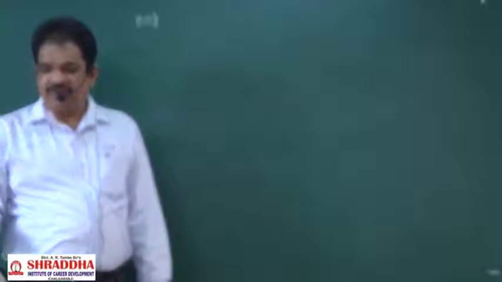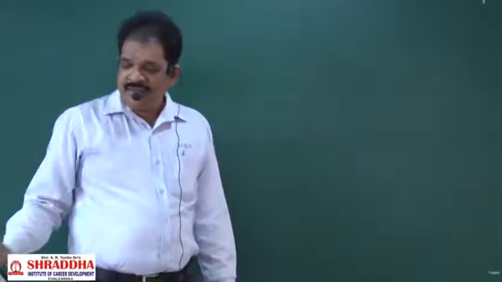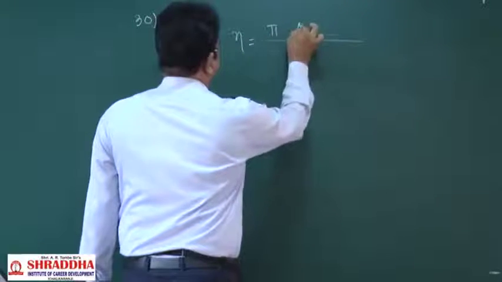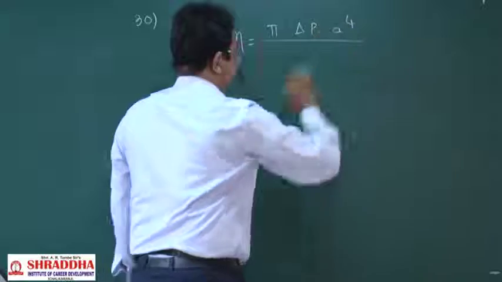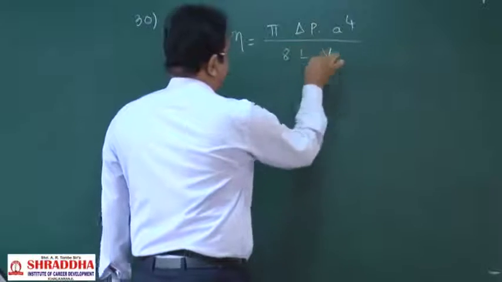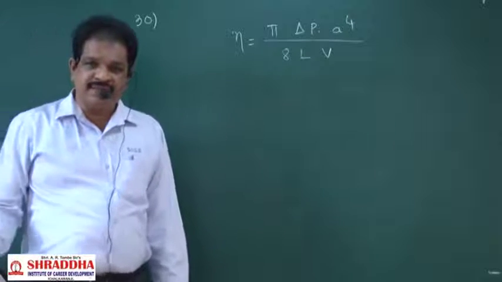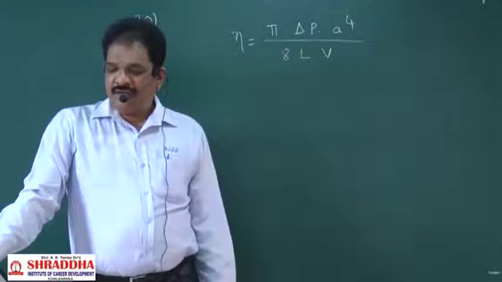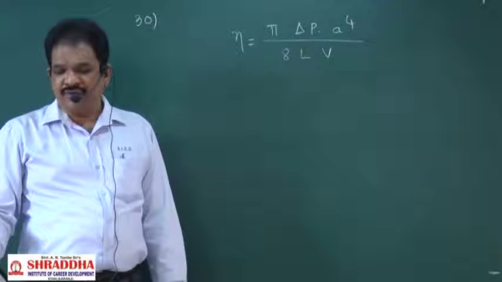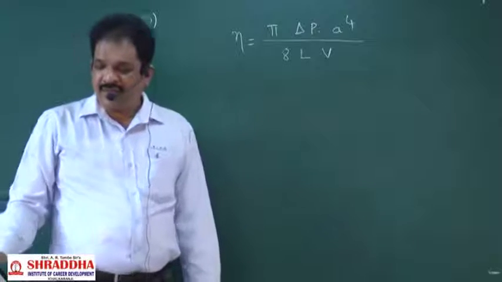Poiseuille's law for the flow of liquid in a capillary tube is given by η = πΔP a⁴/8LV, where η is the coefficient of viscosity of the liquid, ΔP is the pressure difference across a length L of the tube of radius a, and V is the volume of the liquid collected per second.